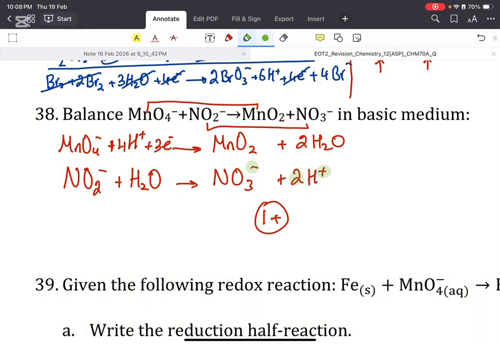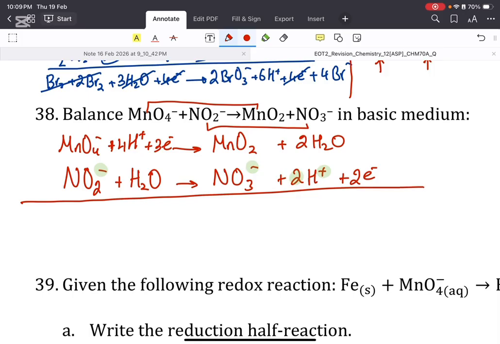And here, 1 minus only. This is the higher side with charges. I want to add electrons to make it equal to -1. So if I add 1 electron, it's going to be 0. But if I add 2 electrons, it's going to be -1. And again, this is a reduction, and this I got it as an oxidation. So I'm good.